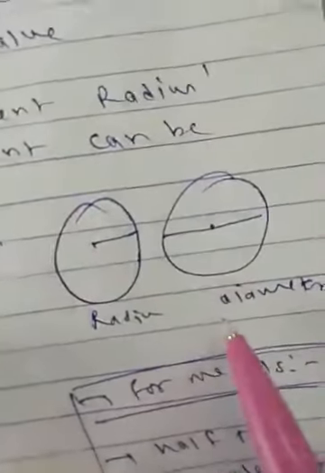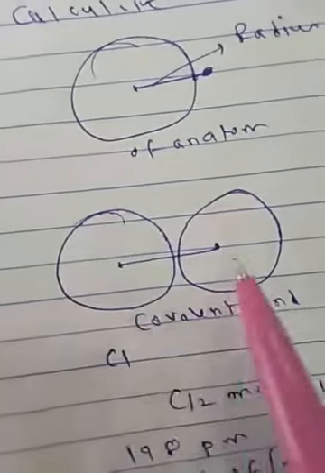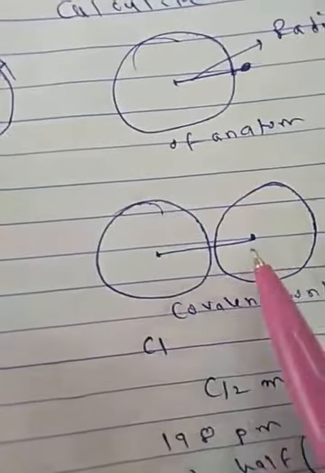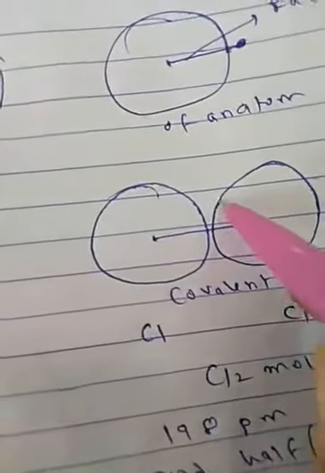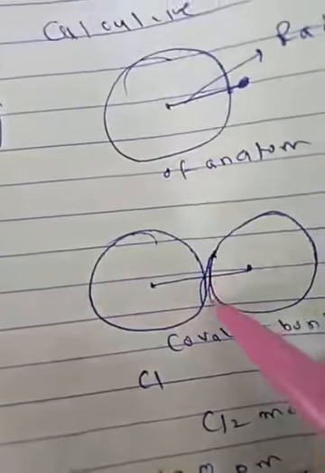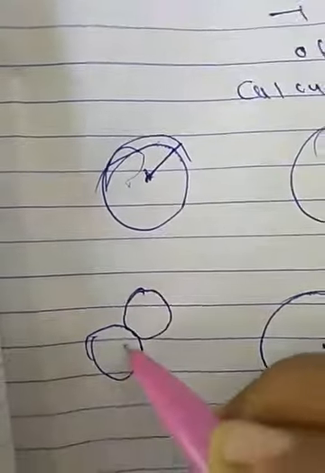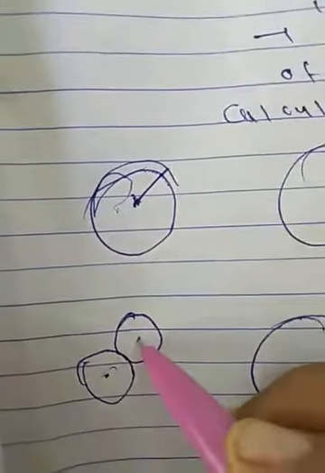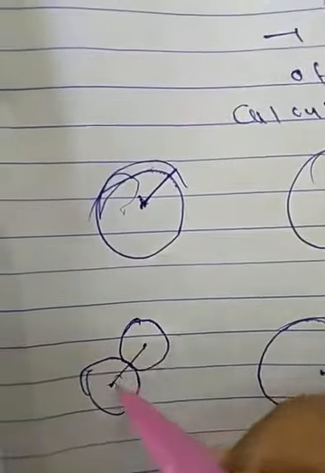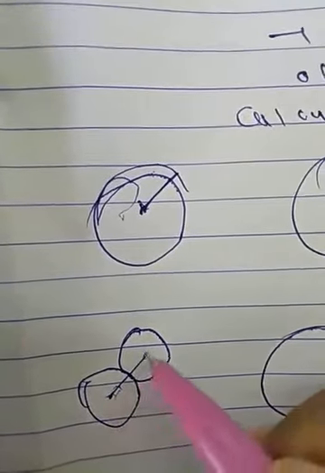This is the radius, and this is the diameter, twice the radius. Otherwise you can take two adjacent atoms whose walls touch like that. The distance from this nucleus to this nucleus is one radius plus another radius, combined they make the diameter.